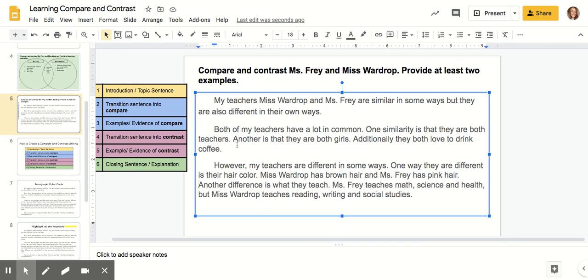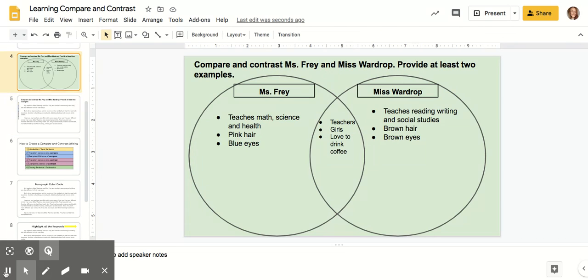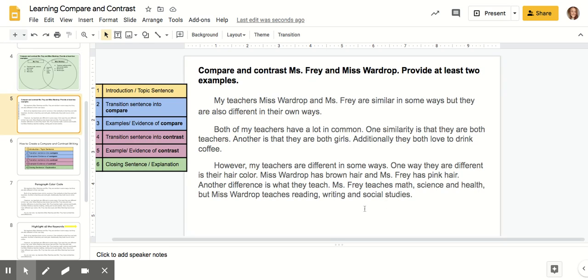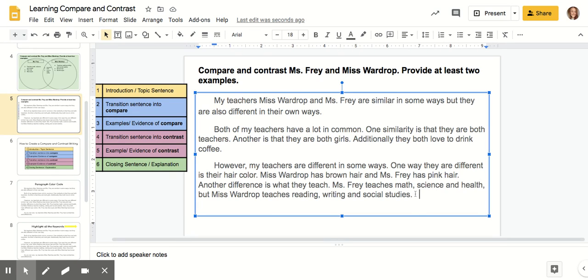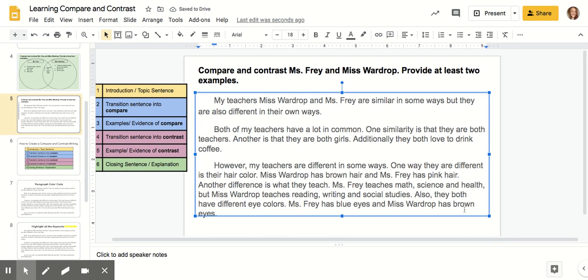Again, I put those notes into full sentences. And my last example, Miss Fry has blue eyes, Miss Wardrop has brown eyes. Again, we're not just typing blue eye, brown eye. We're going to put it into a full sentence. It says, also, they both have different eye colors. Miss Fry has blue eyes and Miss Wardrop has brown eyes.